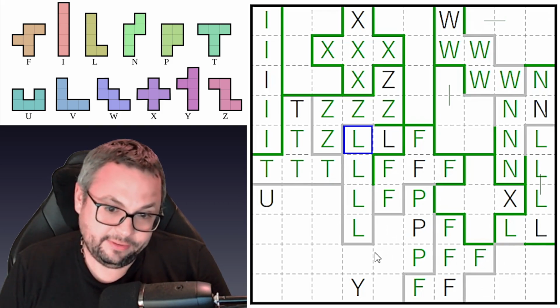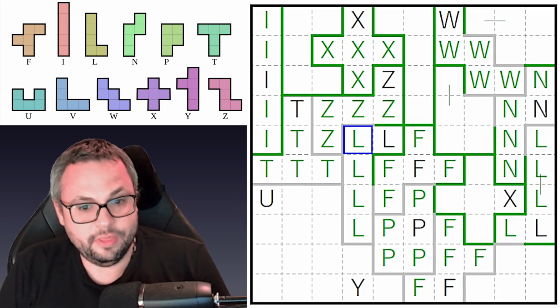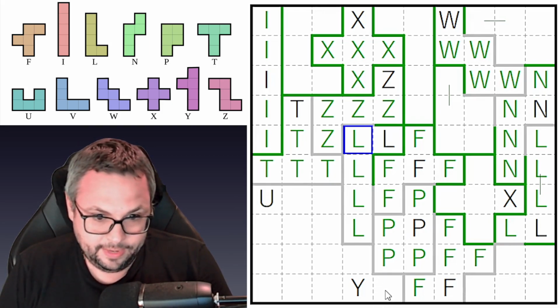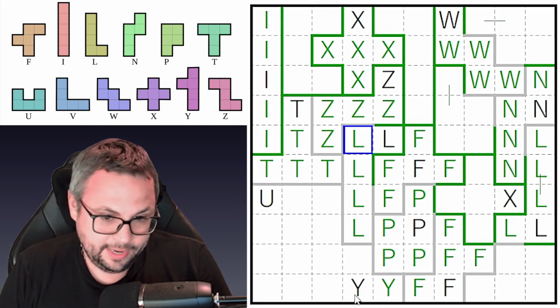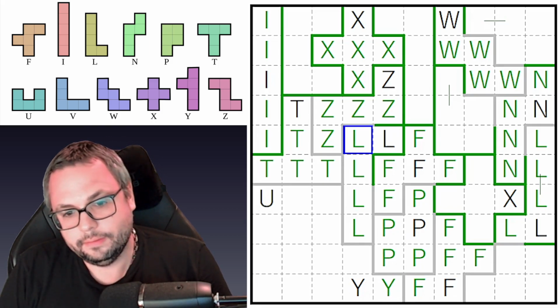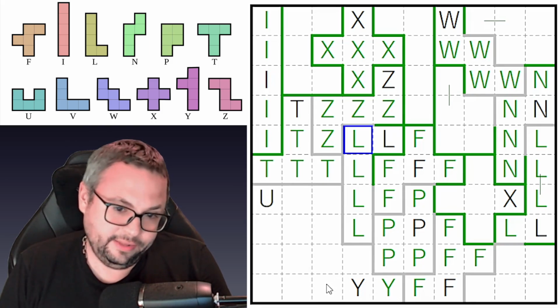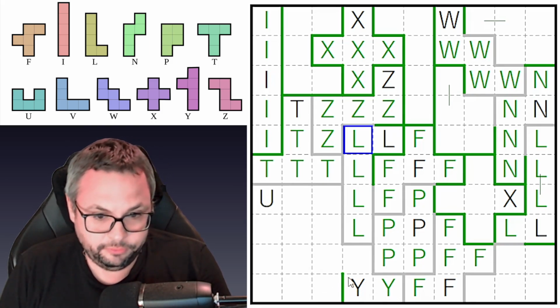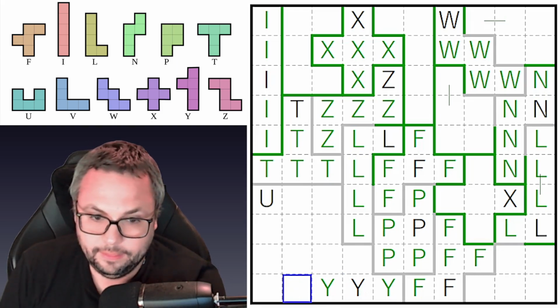And now the P is done, because now the P takes those cells. And now the Y has to take that cell. If it doesn't take this cell, it's not going to end up Y-shaped. Oops. So we're going to drag the Y over there.